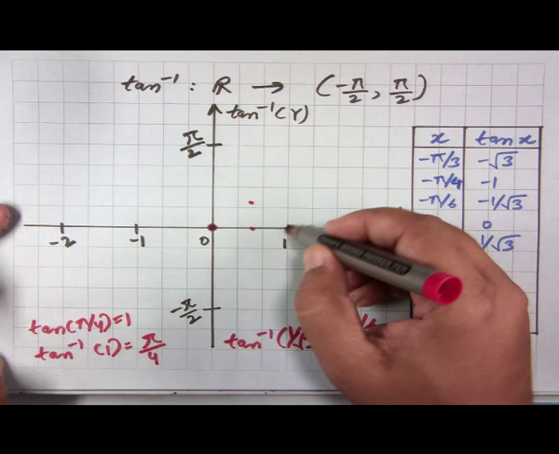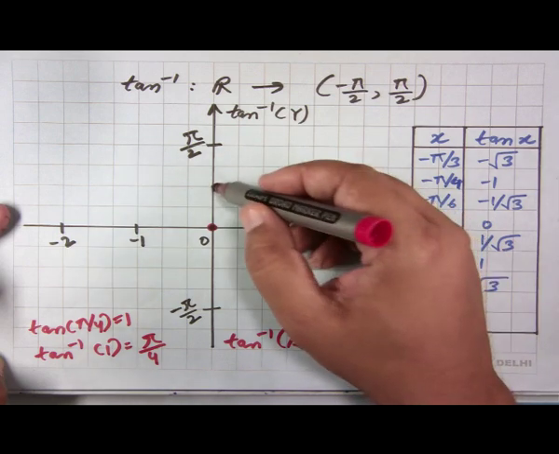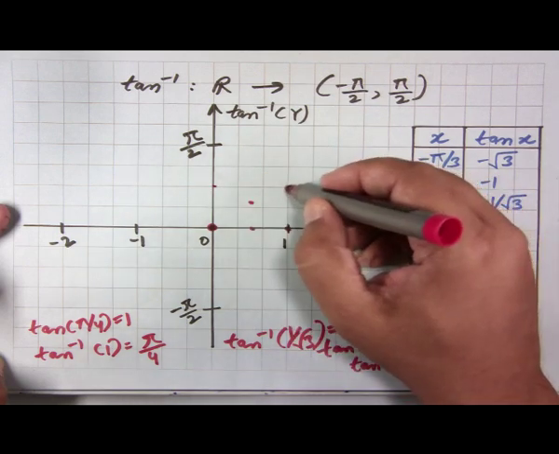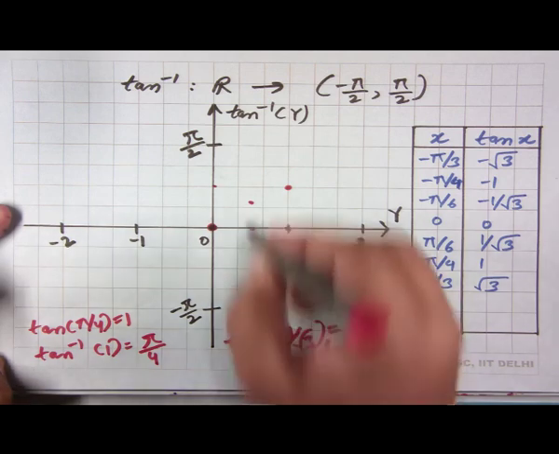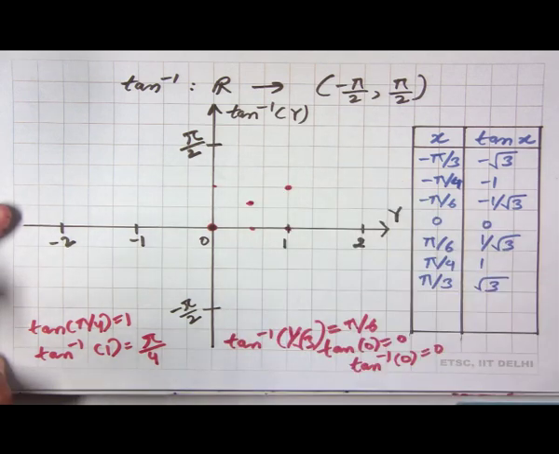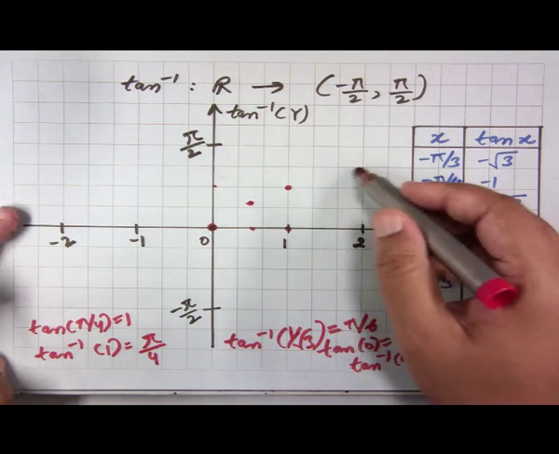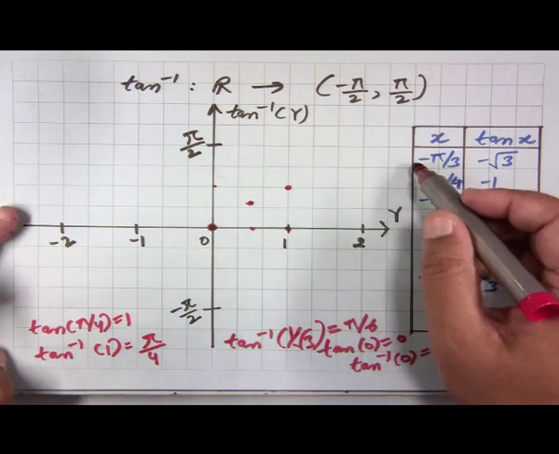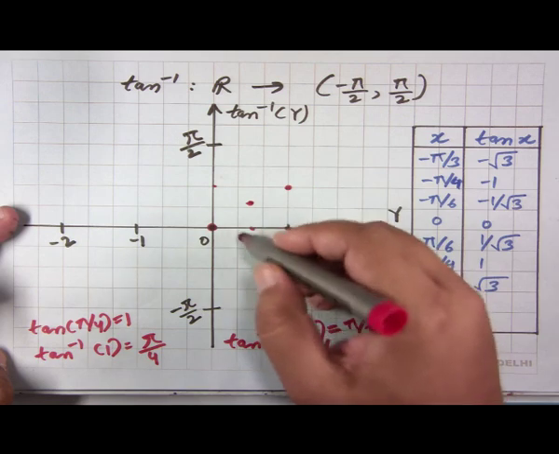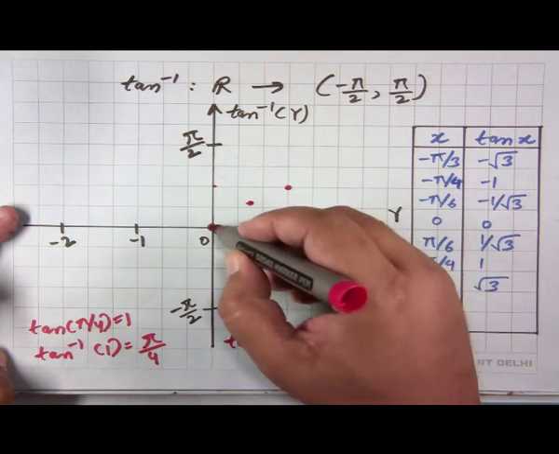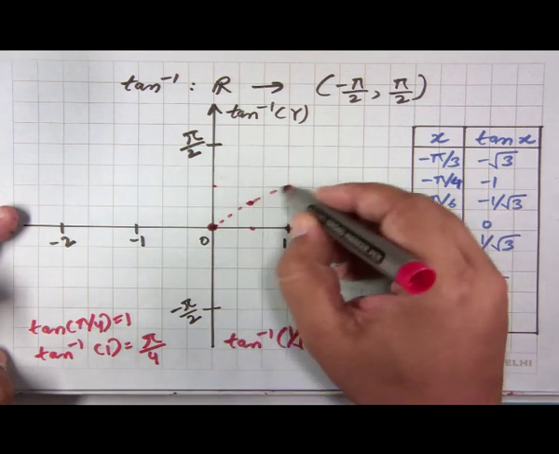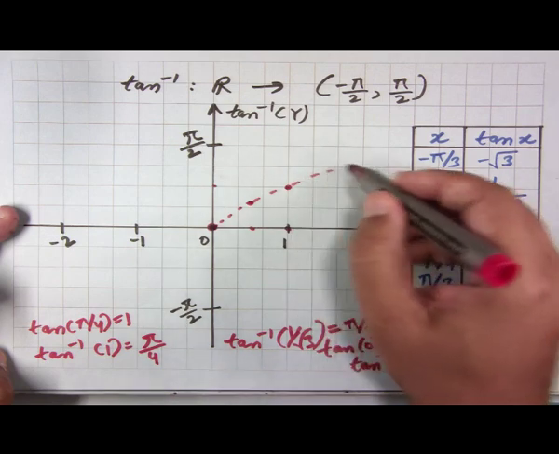So y equal to 1 is here and pi by 4 is here. So we have this point on the graph. And similarly we can plot the other points also. So what we will end up getting is some curve like this.